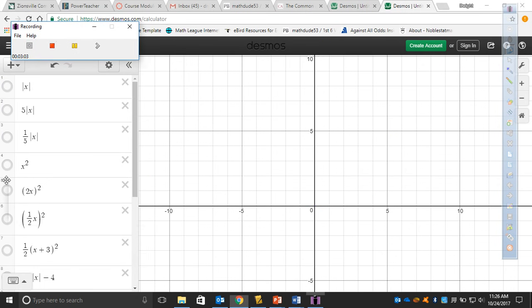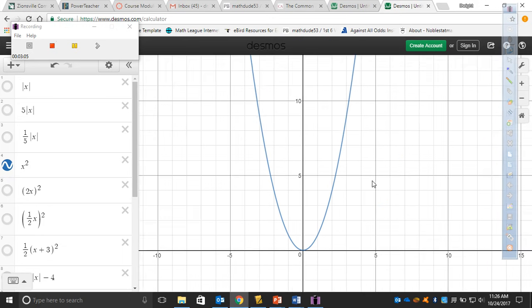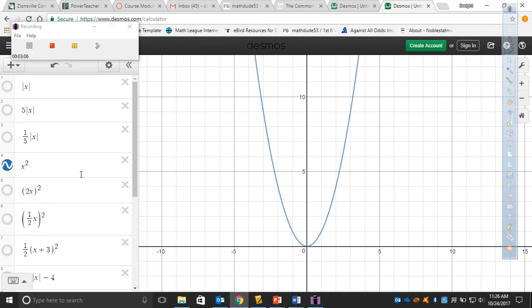So here's our parent function, the parabola x squared. Now this 2x quantity squared, that value is greater than 1, so that is a horizontal shrink. Think of pushing in from left to right on the graph, making it skinnier.